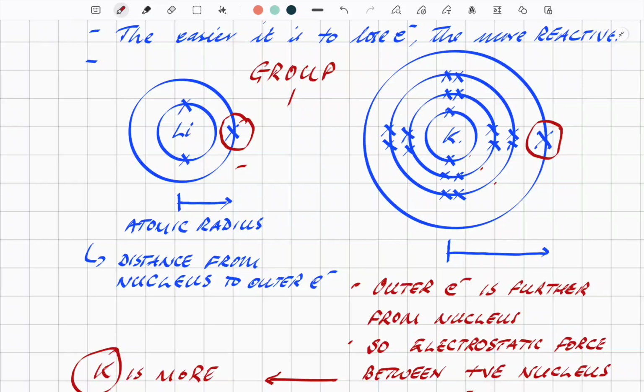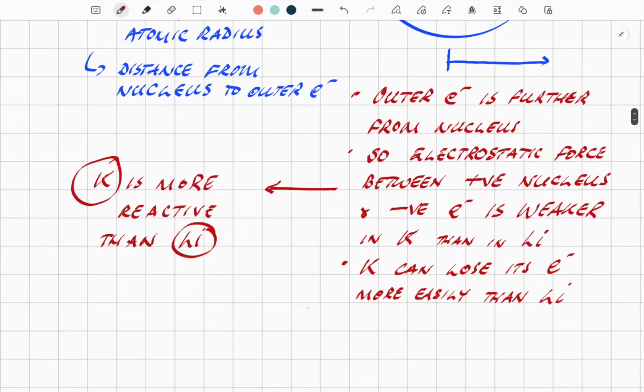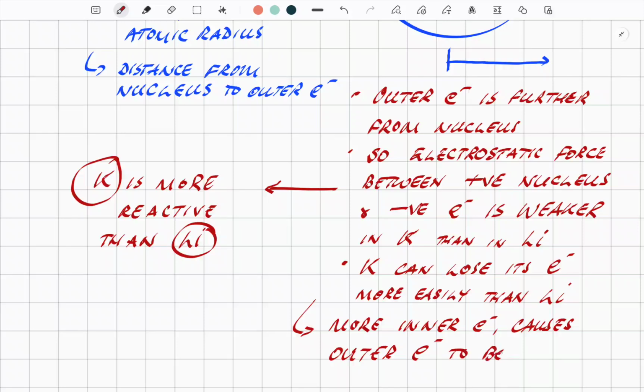So another factor, not just the distance: there are more inner electrons, which cause the outer electron to be repelled.